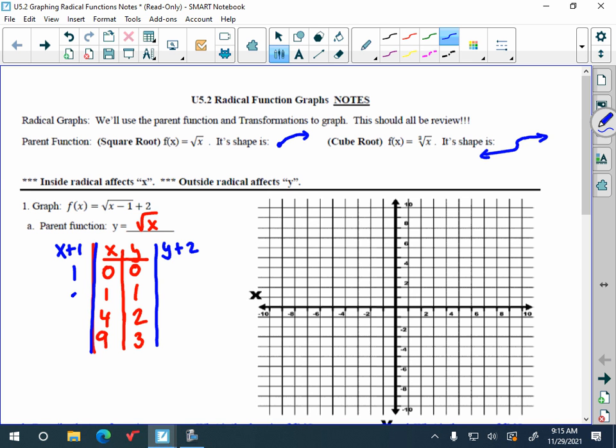So 1 plus 1 is 2, 4 plus 1 is 5. If you wanted to use the 9, 3 one, you could. 9 plus 1 would get you 10. And then plugging the y values in and adding 2, 3 plus 2 is 5.